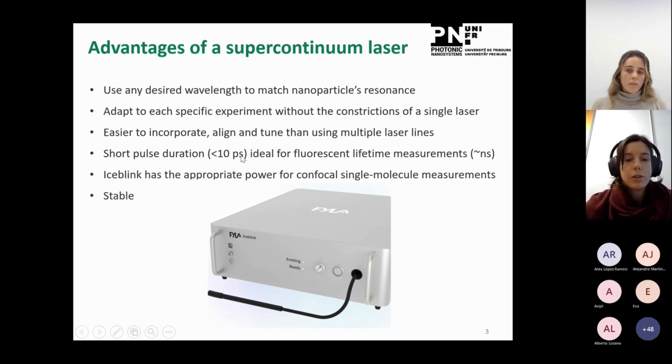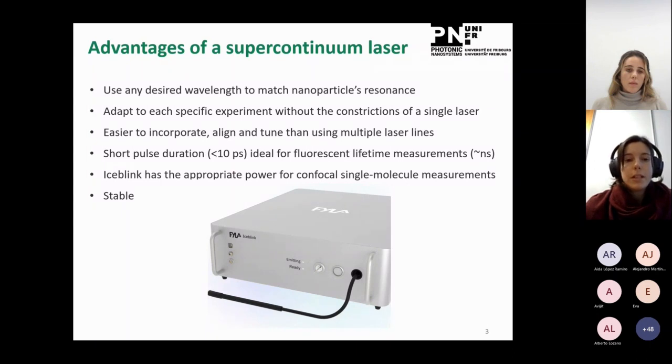It has a short pulse duration in the order of picoseconds, and it's good because usually fluorescence lifetimes are in the order of nanoseconds, so we can measure this lifetime with good resolution.